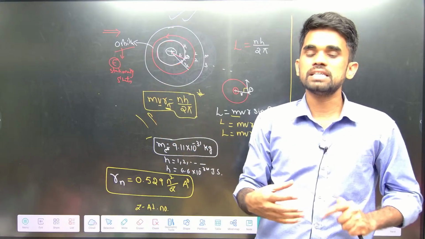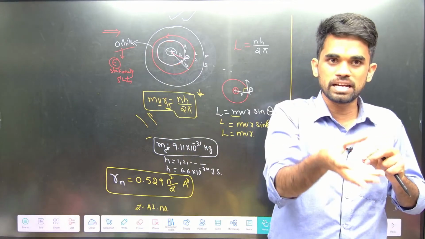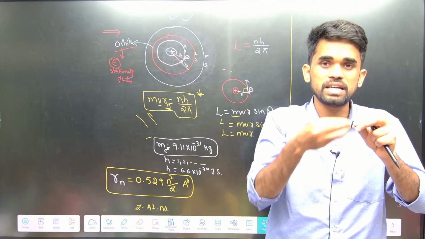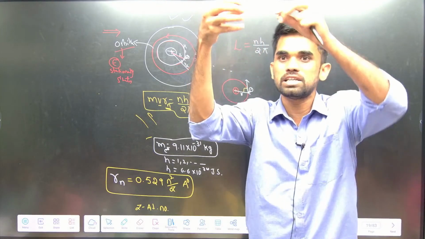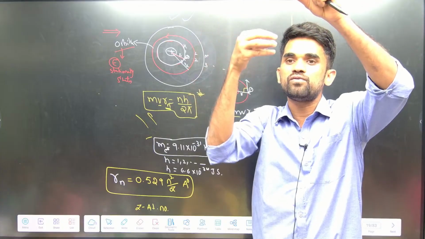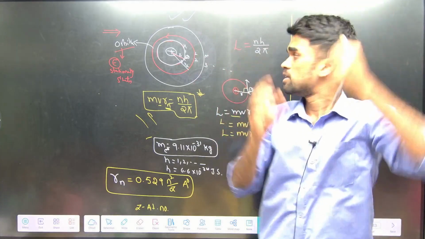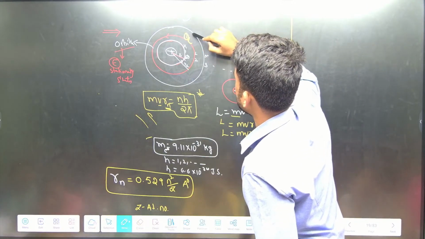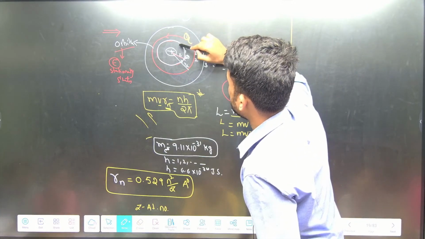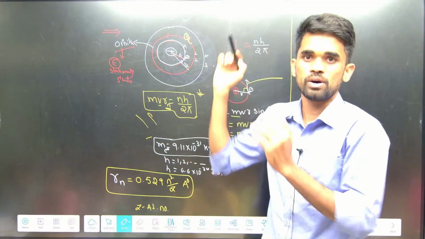But in case it is emitting energy, it is losing energy, so it will fall into a lower energy level. For example, electron is here, electron is here. If it is emitting energy, it will come to the next lower energy level.